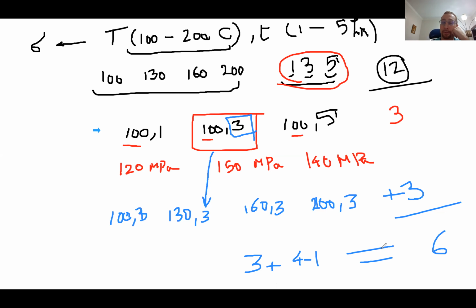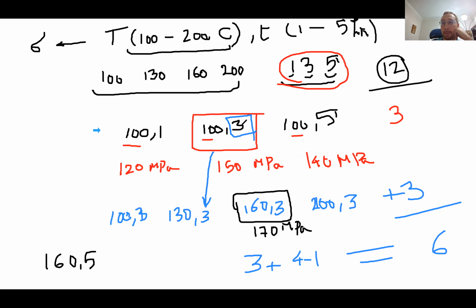Now, the problem with this approach is, what if temperature and time are correlated with each other? Let's say when we do the experiment, we realize that this case is giving us the best result, with a strength of 170 megapascal, which is larger than anything else. The problem with this approach is that we never got to experiment with 160 degrees and 5 hours.